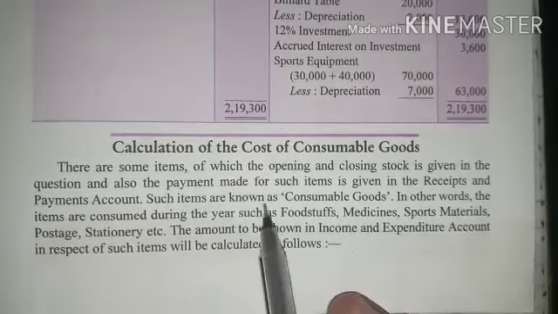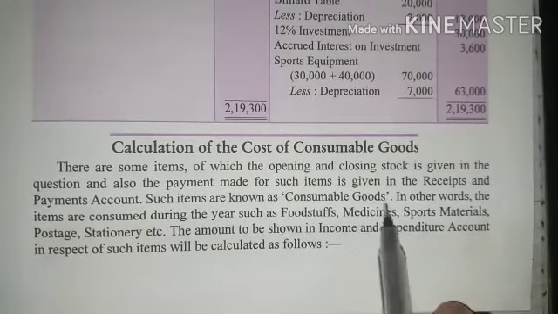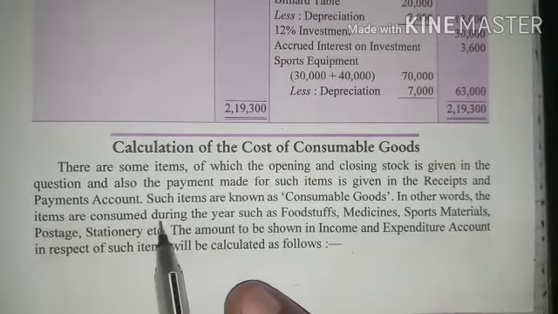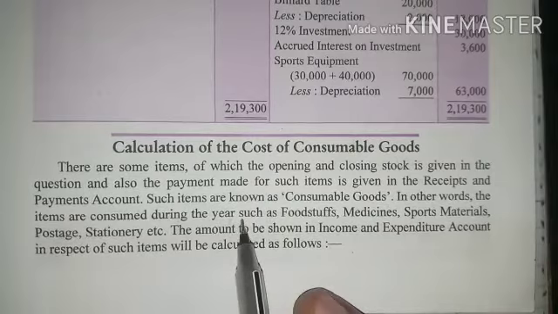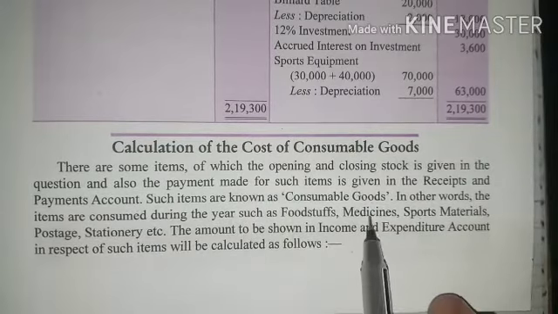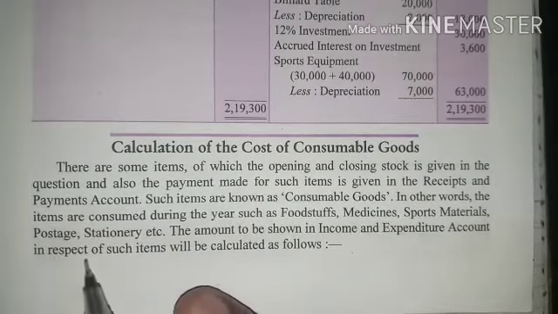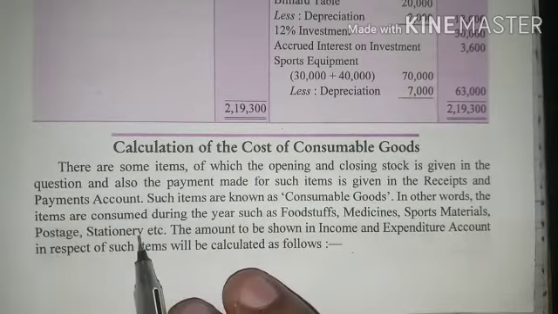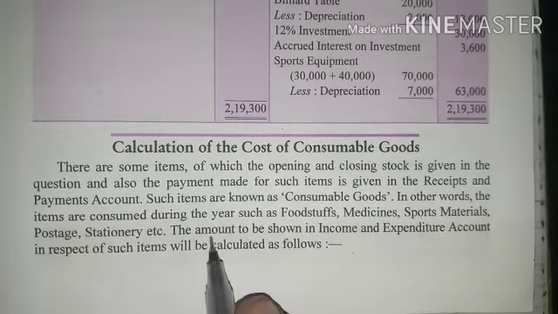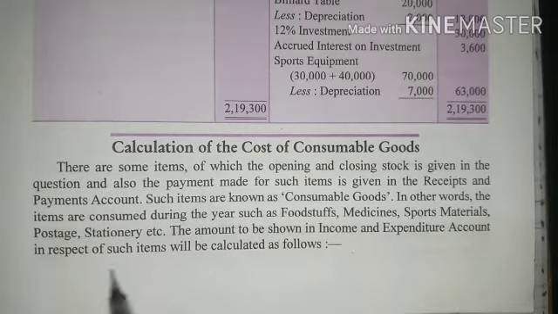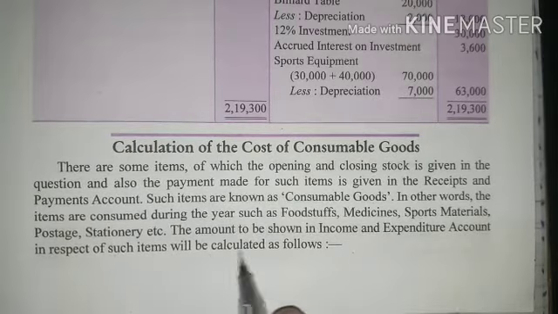Such items are known as consumable goods. In other words, the items are consumed during the year, such as foodstuffs, medicines, sports materials, postage, stationery, etc. The amount to be shown in income expenditure account in respect of such items will be calculated as follows.